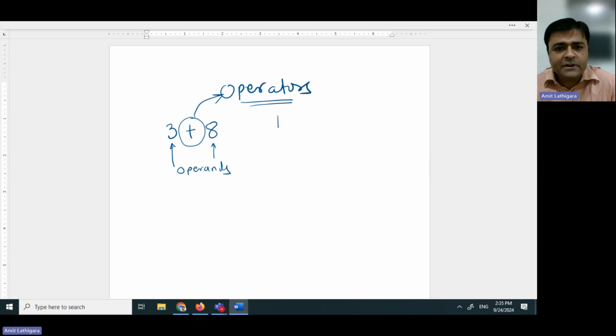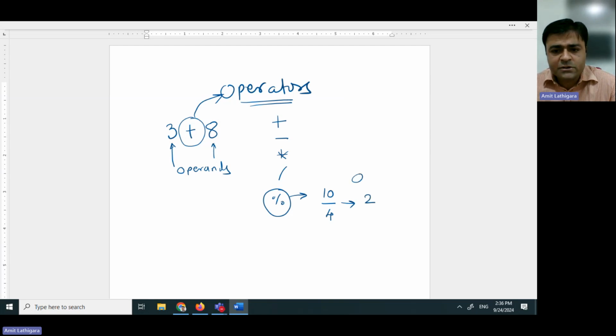In arithmetic operators, we have addition, multiplication, subtraction, and division. Apart from this, we have a modulus operator as well. This modulus we use to find the remainder after the division. For example, if I'm dividing 10 by 4, my quotient is 2, 4 into 2, that is 8.